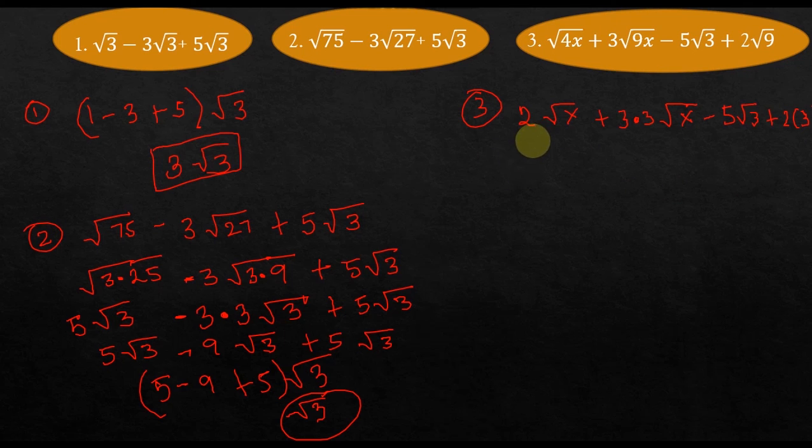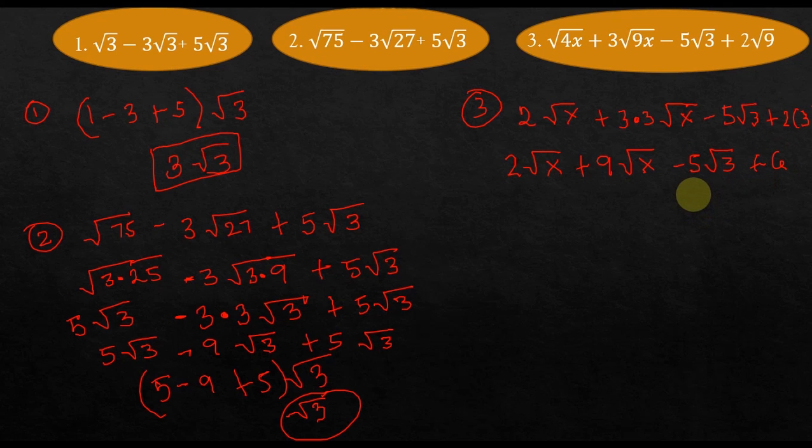Next, simplify first. We're going to have here 2 square root of x plus 9 square root of x minus 5 square root of 3. Then we have here 2 times 3, that is 6.